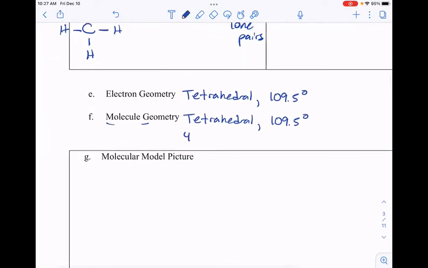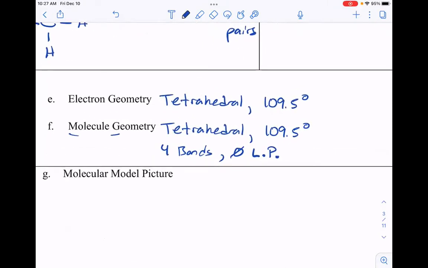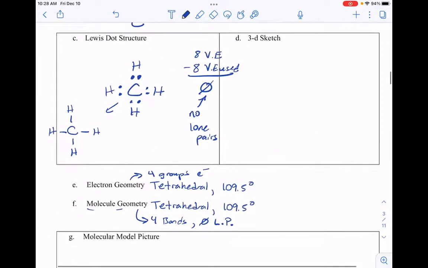Here we have 4 bonds, 0 lone pairs. I'm going to abbreviate lone pairs as LP. That would be the combination that we're looking for in our chart. And then here, they're just 4 groups of electrons. All right, so that's CH4.